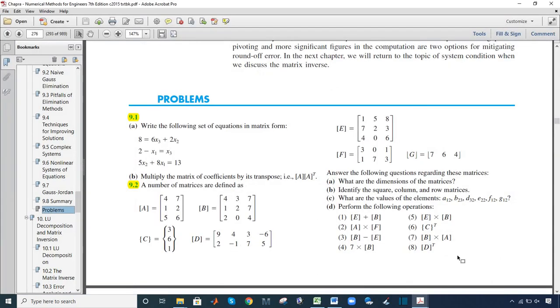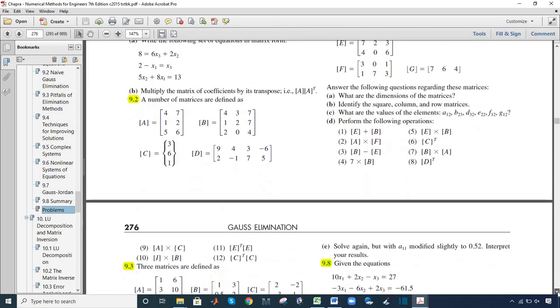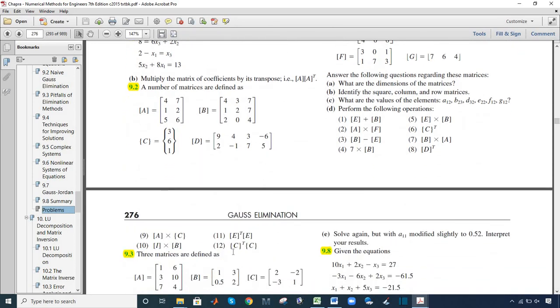Second question. There are 4 parts of this question, and here 7 matrices are given: A, B, C, D, E, F, G, and you have to give the answers of these 4 questions, where the fourth question, means D, has further some parts, 12 parts.